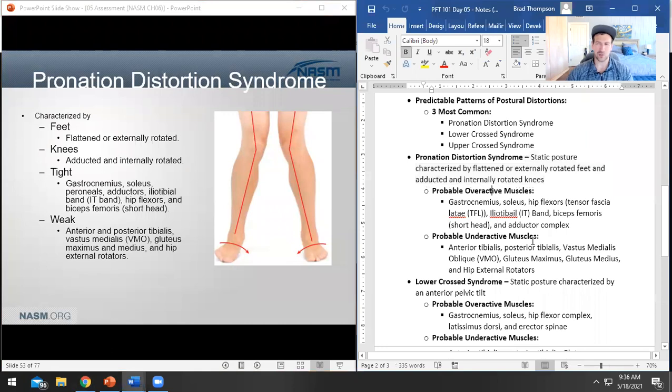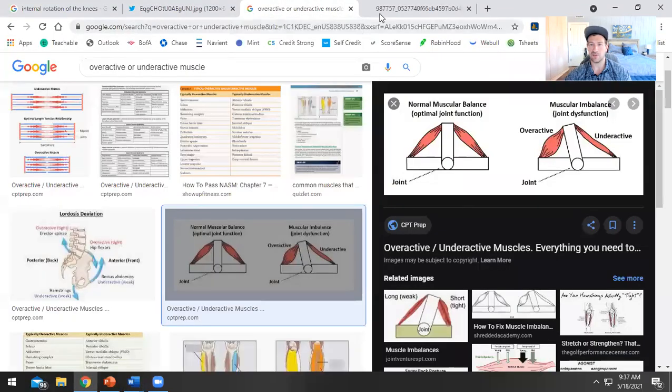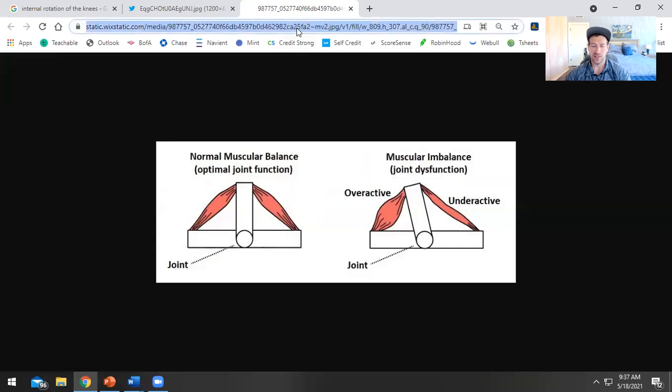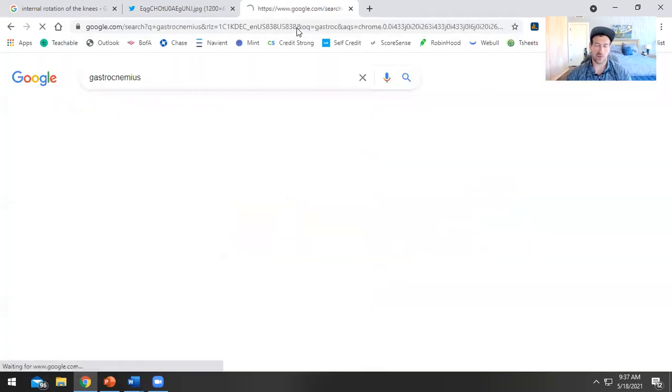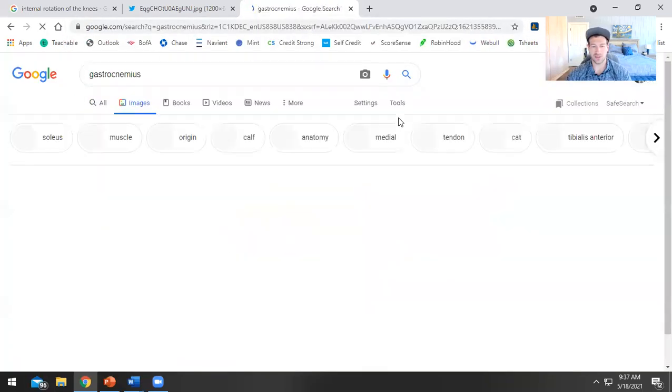So what muscles are really causing this? What are our probable overactive muscles that are really giving us a problem? Well, our tight muscles are going to be the gastrocnemius. Those are the muscles in your calves, your big calf muscles, and your soleus, which is the miniature calf muscle that's underneath it. So we look at the gastrocnemius.